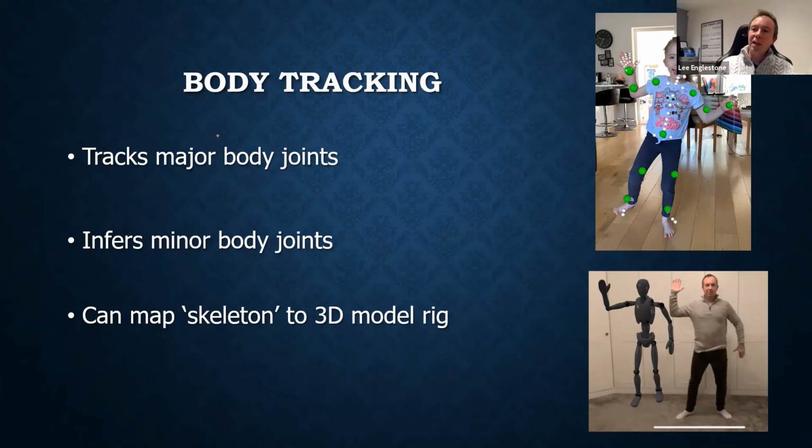And then from that, it can infer the position of some other minor joints in the body. And something else you can do, if it can track your body, is create 3D models and rig that 3D model to your movements as well.